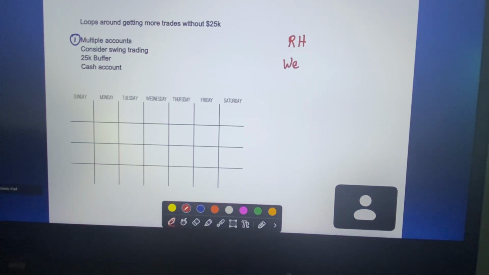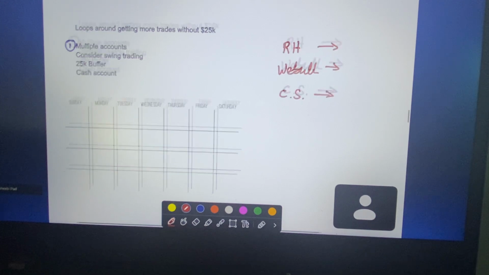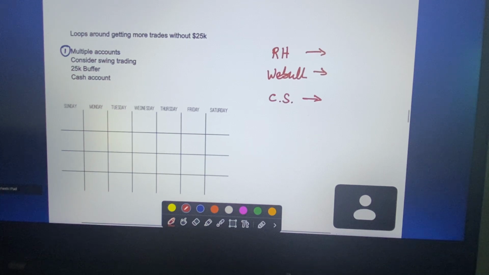A Webull, and then a Charles Schwab. Each one of these trading platforms individually tracks your PDT, meaning Robinhood has its own limit of 3 day trades for 5 business days.